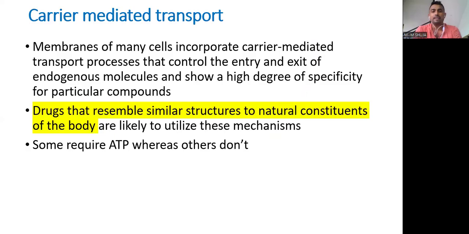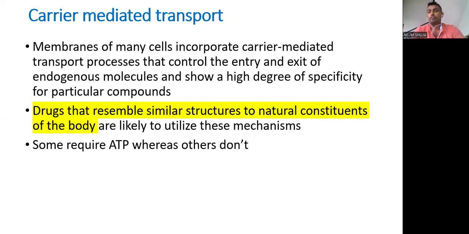In carrier-mediated transport, what actually happens is that there are carrier-mediated transport channels in your body for the body's own endogenous ligands. So when you give a drug that has a structure similar to that natural constituent, those drugs will utilize the same mechanism.